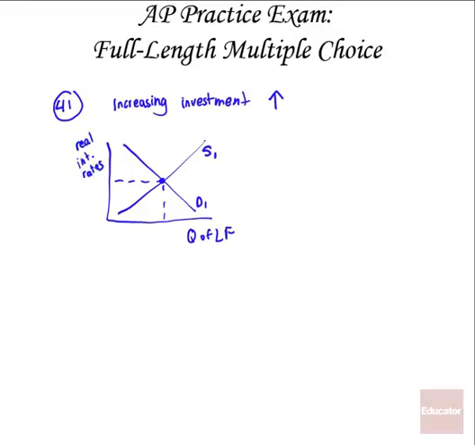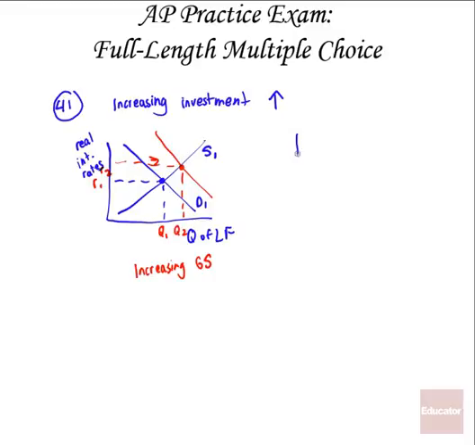So if the government increases government spending, then you have an increase in the quantity of loanable funds. But the problem is interest rates are going to go up, and that discourages investment. So increasing government spending, if that's the only thing that you do, interest rates go up, and you have a discouraging of investment here.